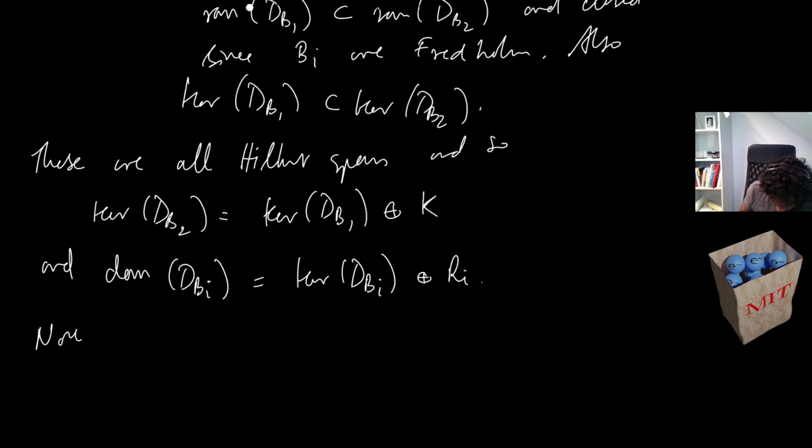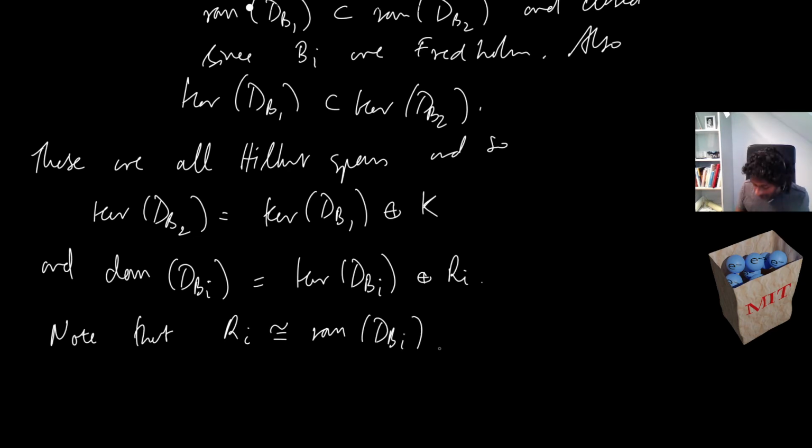Note, so what's the interesting thing about this? Note that the Ri is isomorphic to the range of the operator dBi. And what is the isomorphism? Via the map D that takes me from Ri to the range.